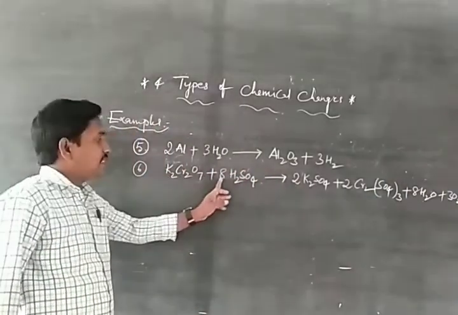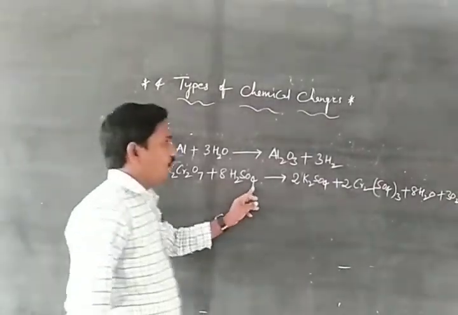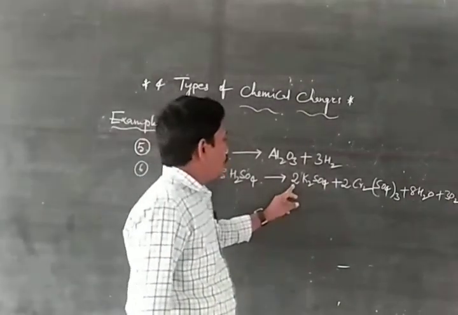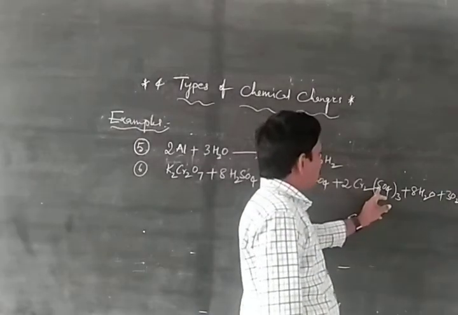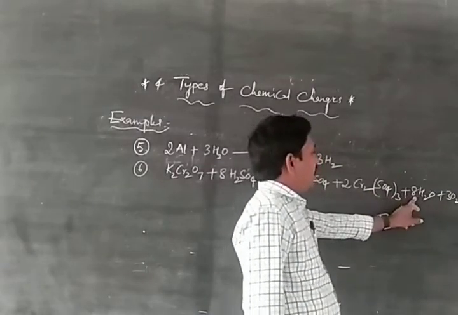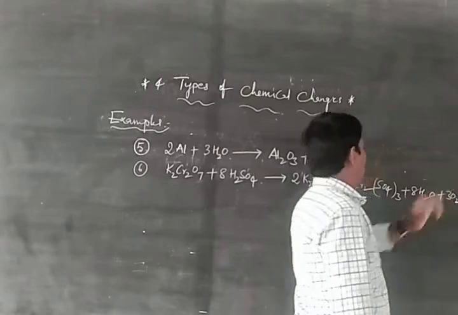K2Cr2O7 plus 8H2SO4 gives rise to 2K2SO4 plus 2Cr2SO4 thrice plus H2O plus CO2.